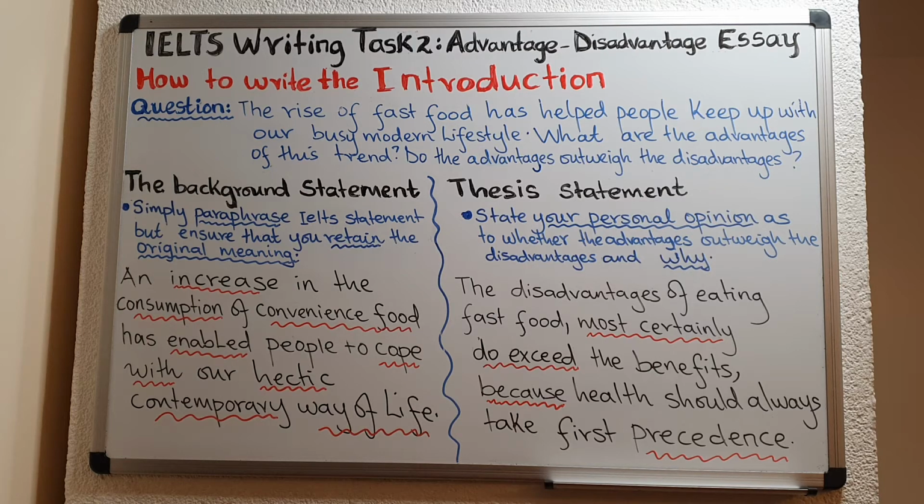So, let's get into our lesson. When it comes to IELTS Writing Task 2, you're expected to write 250 words, and you normally have 40 minutes to do that. Also, Writing Task 2 is exactly the same for the general training students and the IELTS academic students.